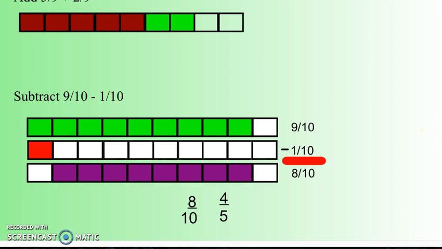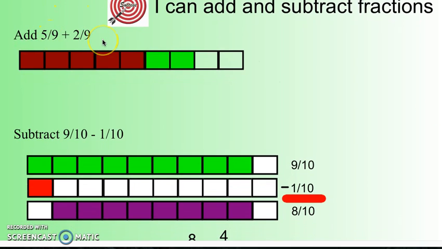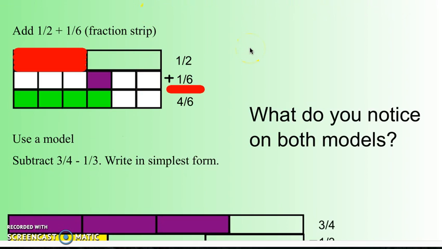Now, in both of these models, we see that the denominators are the same. These 2 fractions had 9ths, and these 2 fractions have 10ths. Well, in the next situation, we have a problem.